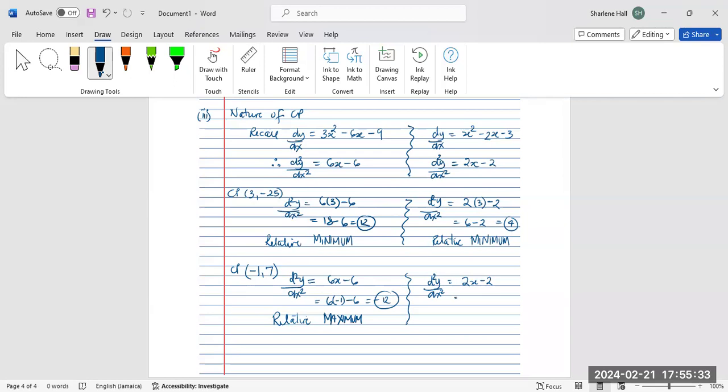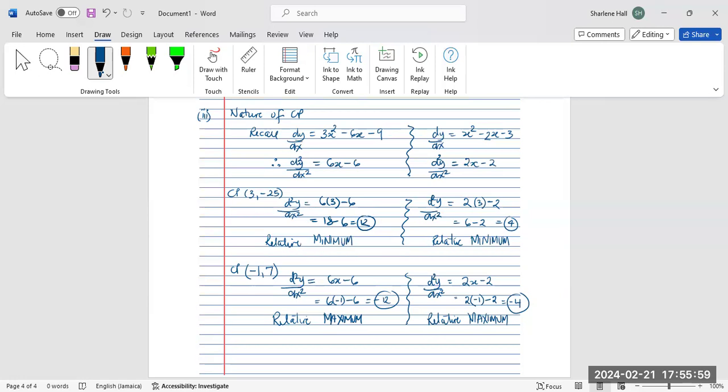Yeah, I'm correct. It will be 2 times negative 1 minus 2, which is going to be equal to negative 4. See that? I still get the relative maximum. Indeed? All right, sir.